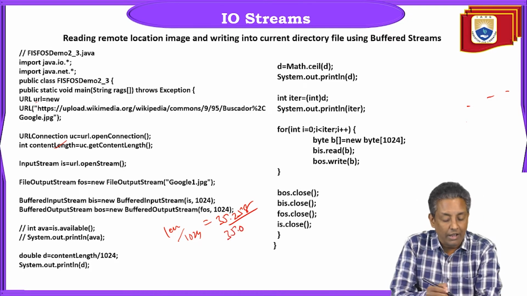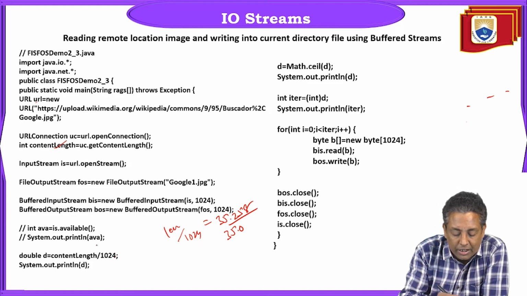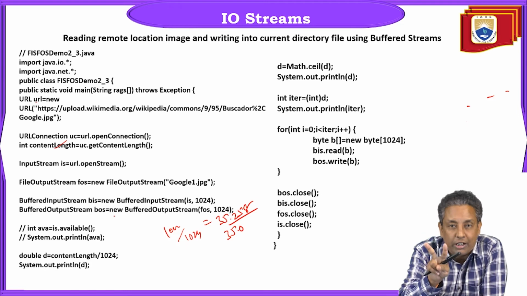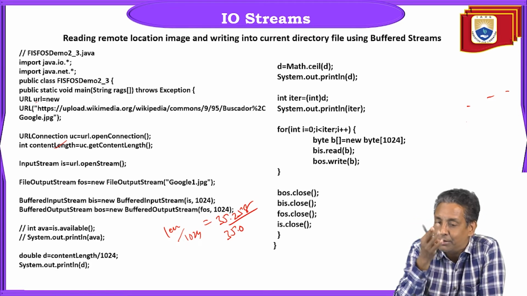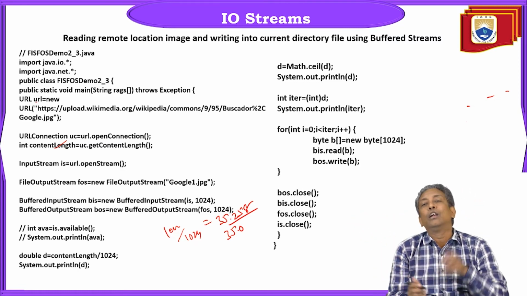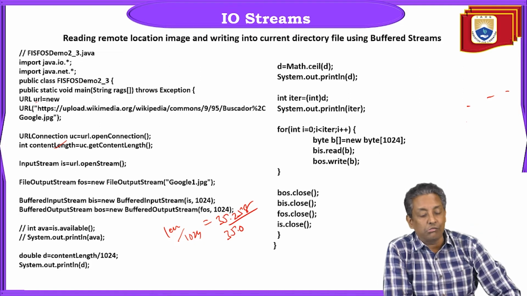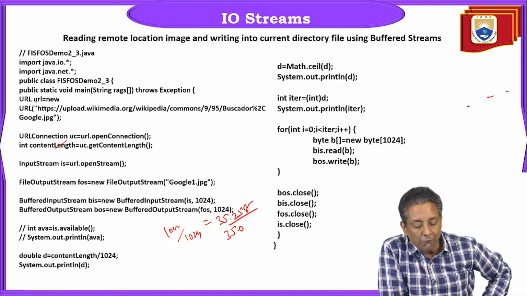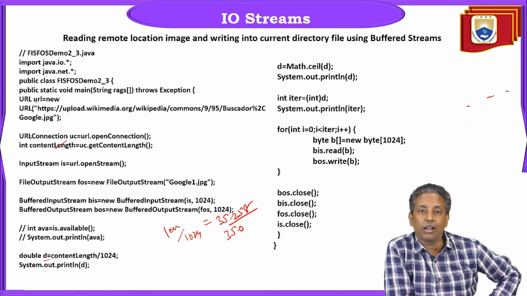But length divided by 1024. If you divide any two integers, the resultant output is, not only in Java but also in Python, PHP, C, C++, everywhere, a floating point value. In Java, it is double. So you will get a value like this.